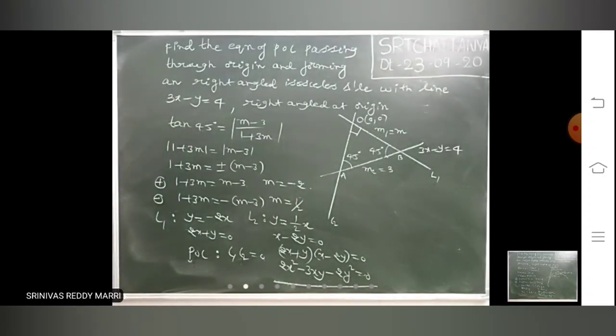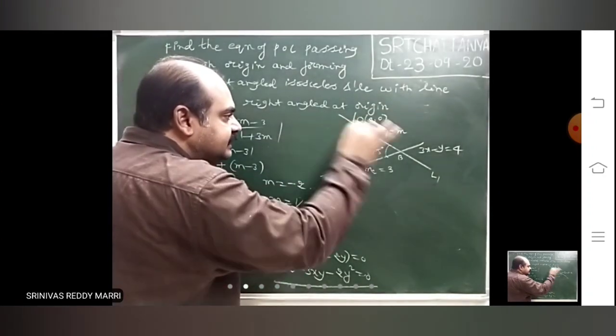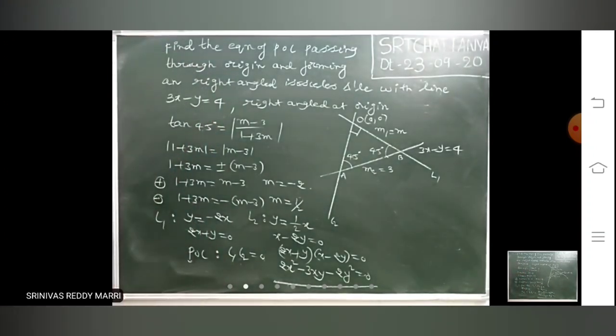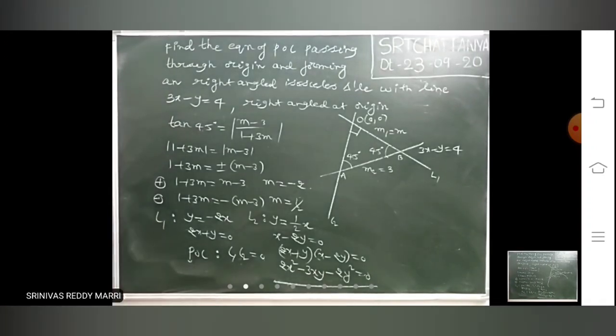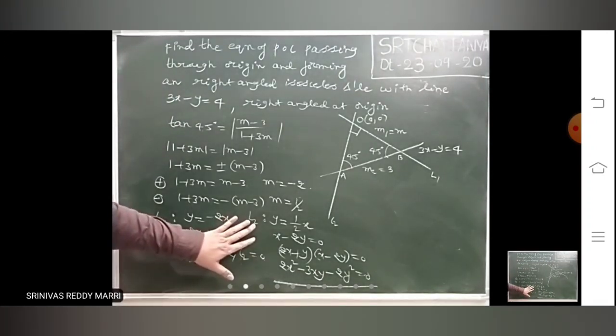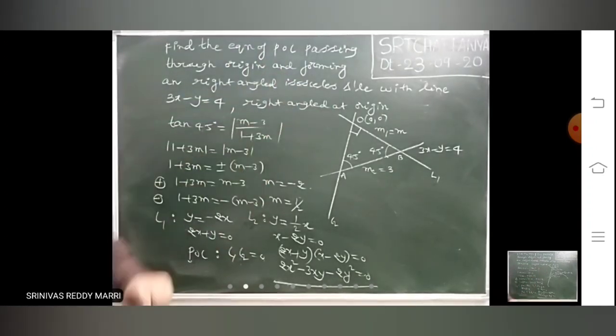These are the pair of lines. So this line and this line, the combined equation is this. Directly I have found the lines and then multiplied. These lines we have found in straight lines also. Here it is a pair of lines with multiplication.